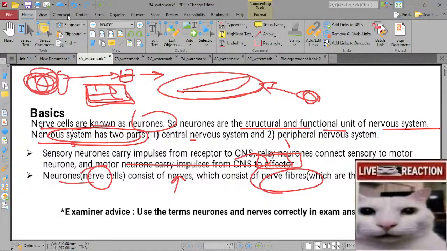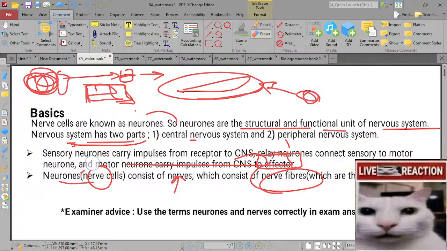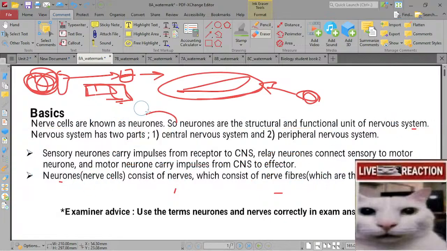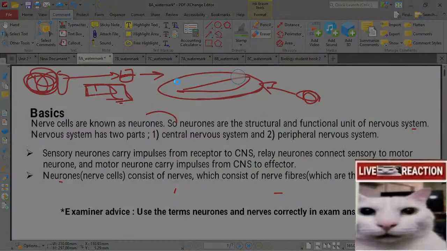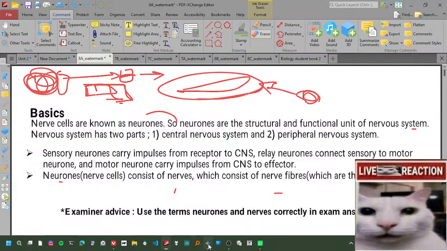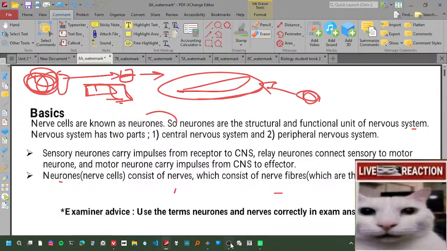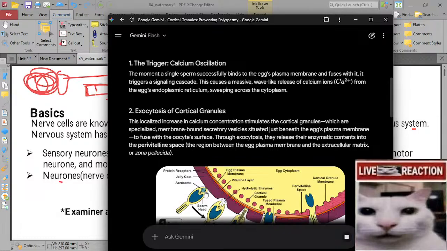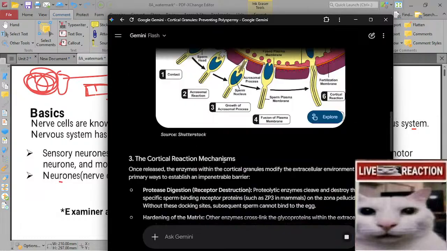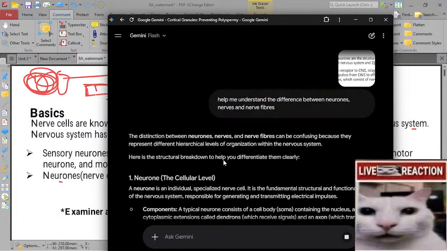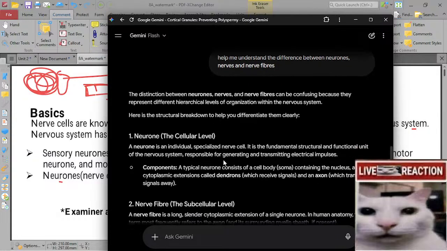So let's get the eraser in here. So help me understand. Okay, let's see.